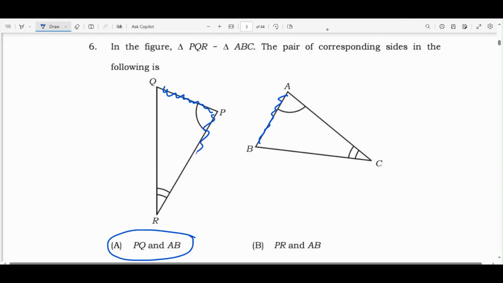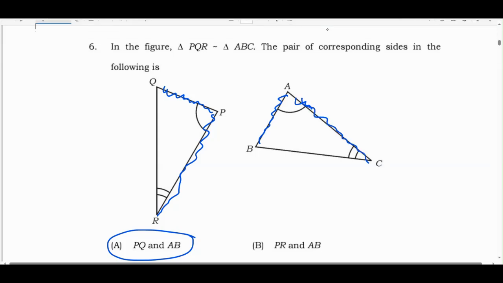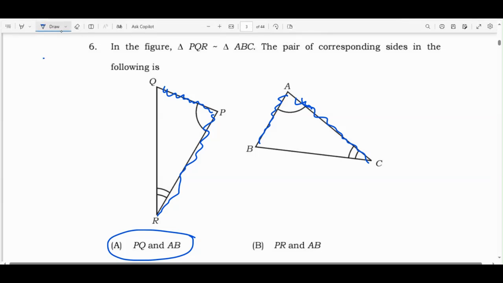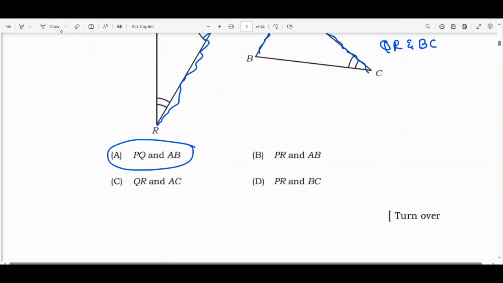Then the second one is PR and AC. The third one is QR and BC. So yes, the option is A, because we don't have any other option.